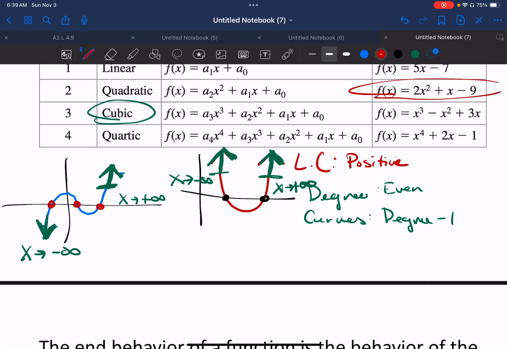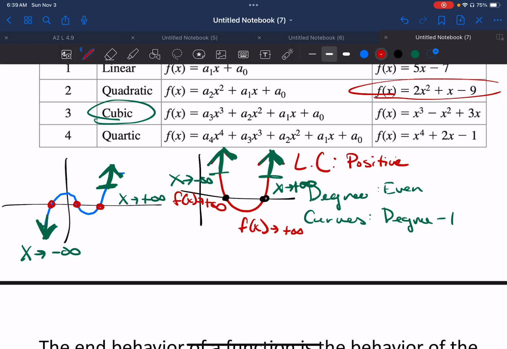Okay, so when I look at, let's do this quadratic, if we go to the right side, I always just like to start with the right. The function is going upwards, meaning it's also approaching positive infinity. And on the left side of the graph, as x approaches negative infinity, the function also approaches positive infinity.